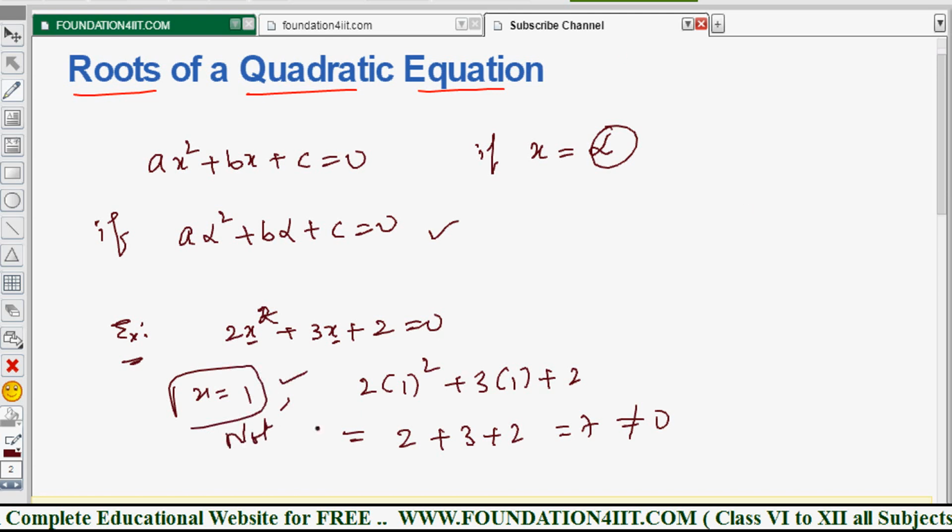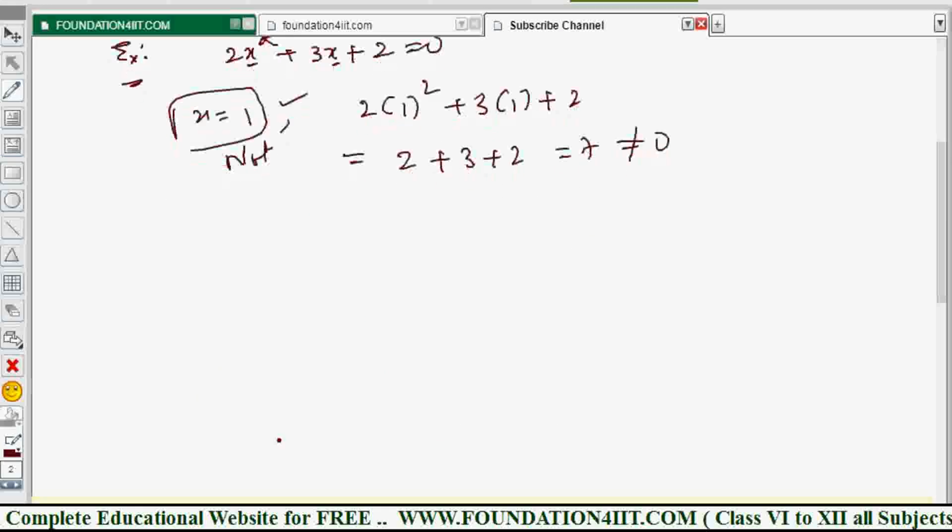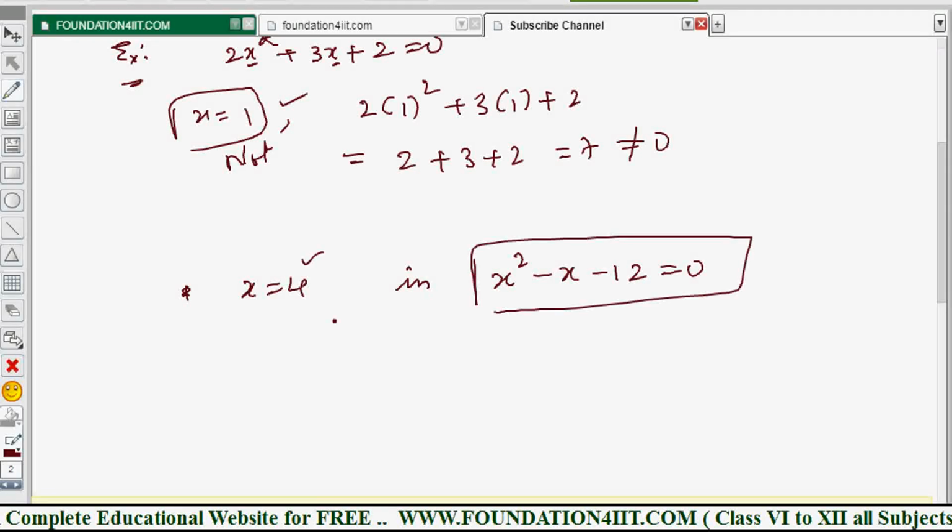Let me take another example. If x is equal to 4, let me take a quadratic equation x square minus x minus 12 is equal to 0. Now in the place of x, I need to keep the 4.